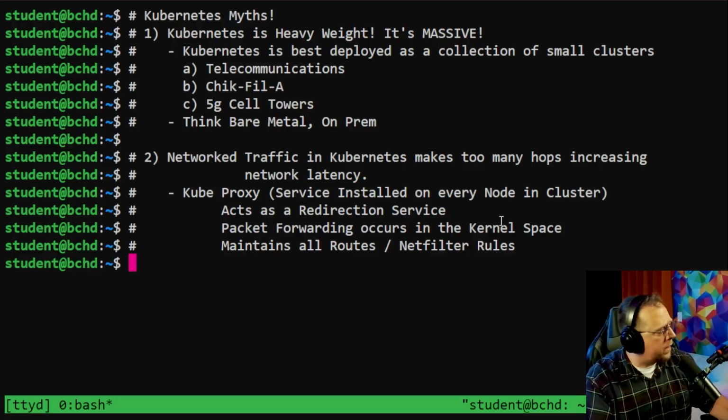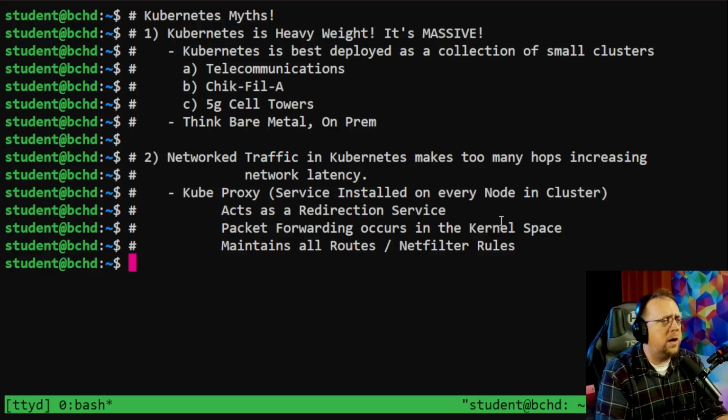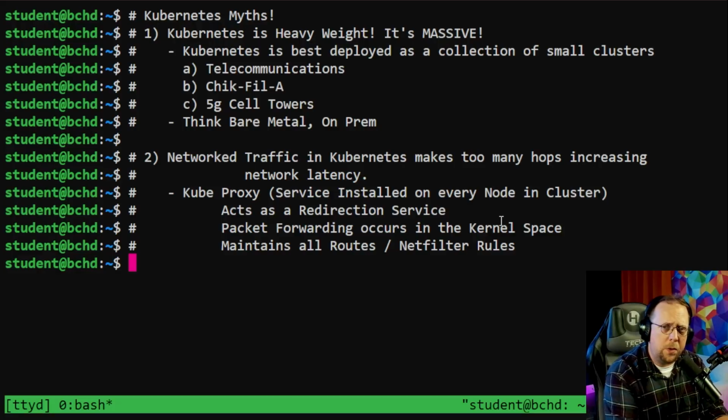So depending upon your container network interface, Kubeproxy gets built a little differently. But in Calico's case, it's built using Border Gateway Protocol. So it's all one autonomous system, typically a network run by single ownership, in which everything is on the same subnet. And when we're running like that and we're doing packet forwarding within the kernel space, guess what?